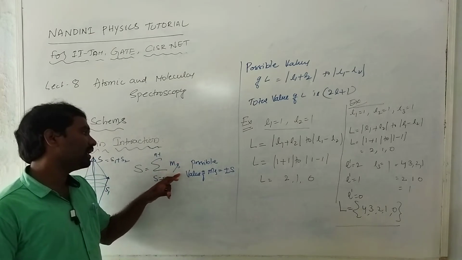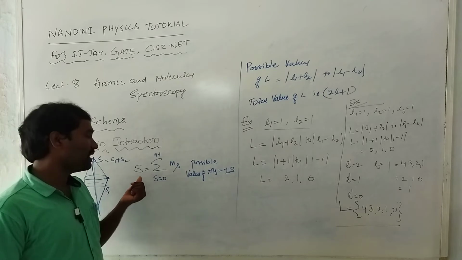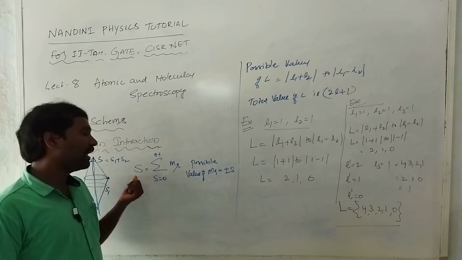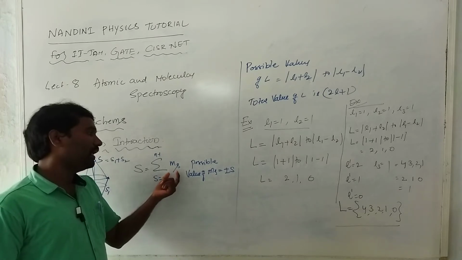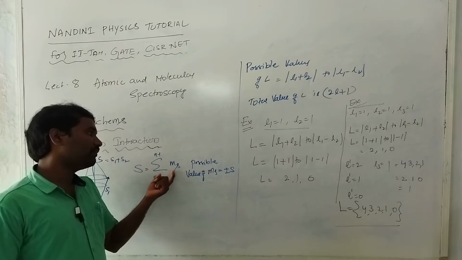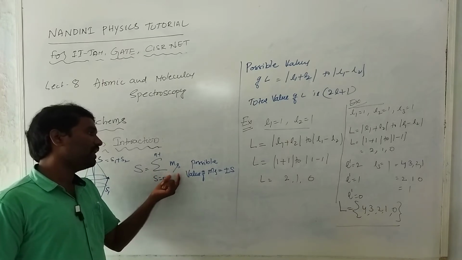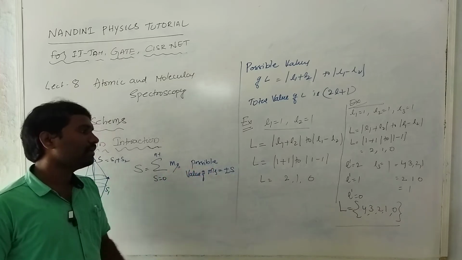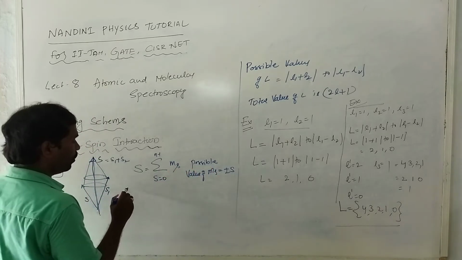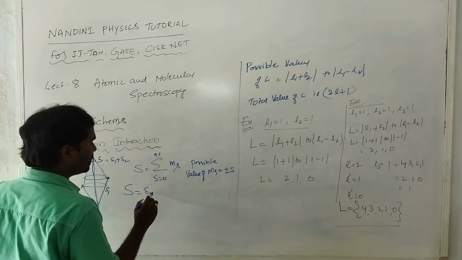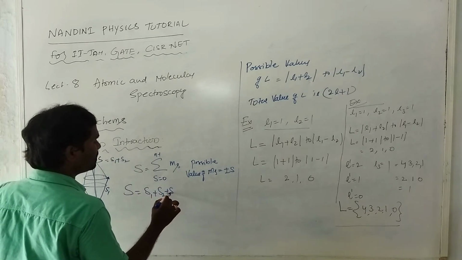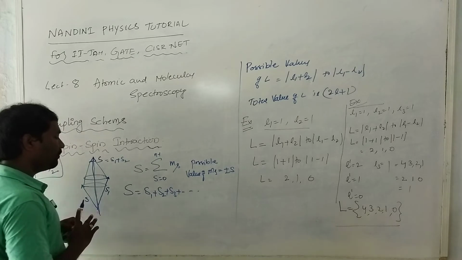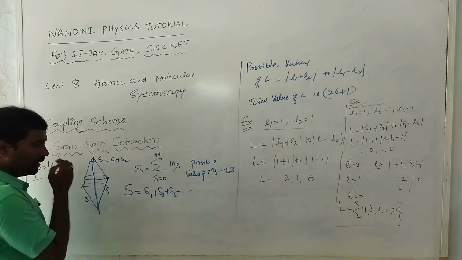This ms is the corresponding value of capital S. S is nothing but the total spin angular momentum, and the possible ms values are plus or minus half. Therefore total angular momentum S is equal to S1 plus S2 plus S3 and so on. So how many electrons are oriented in a fixed orbit?